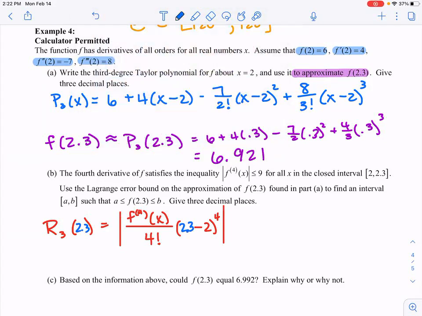Okay. And what is our max derivative? 9. So our maximum error is going to be 0.003. Josh, I'll have you check me on that. Okay.